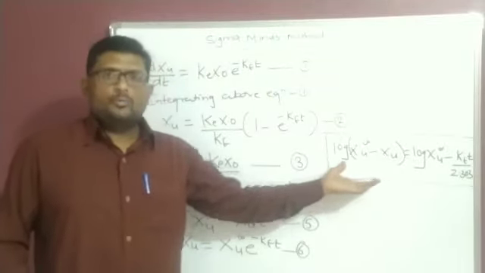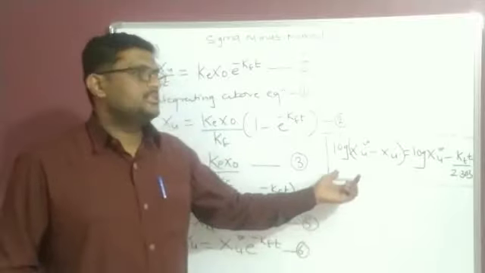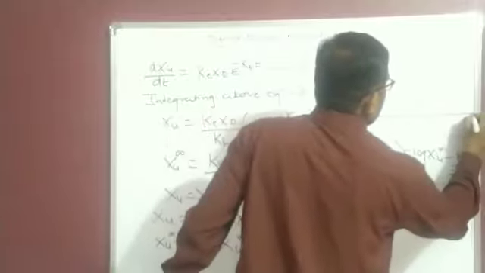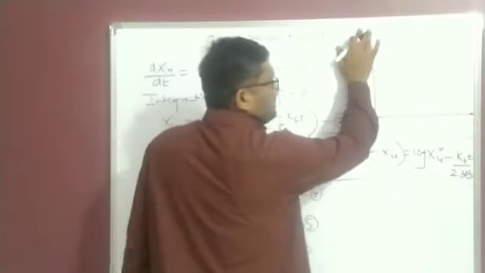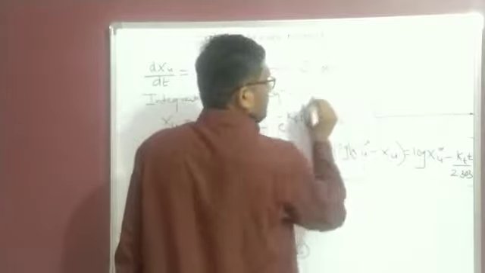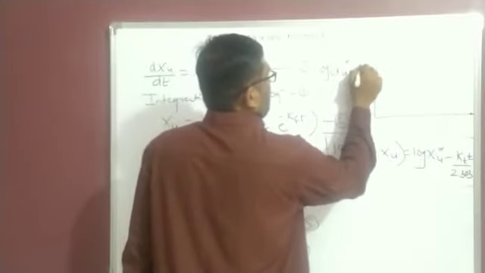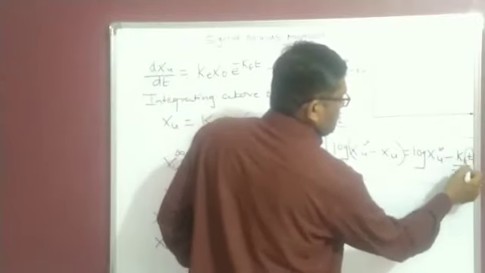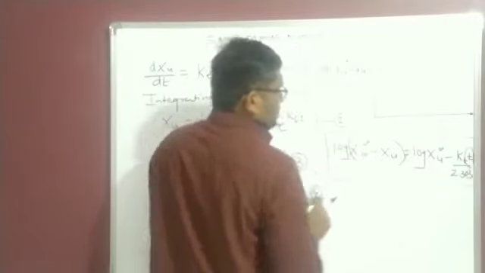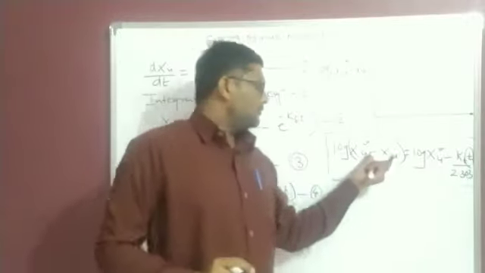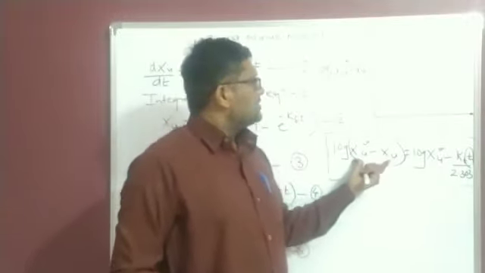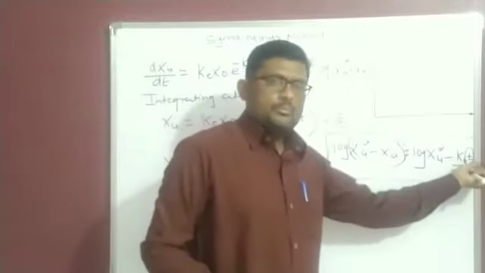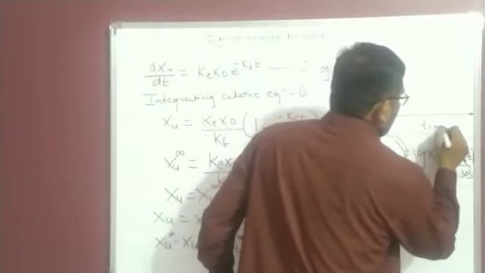Now finally, you plot the graph to determine the elimination rate constant. On the y-axis we will take the log of Xu infinity minus Xu, and time on the x-axis.